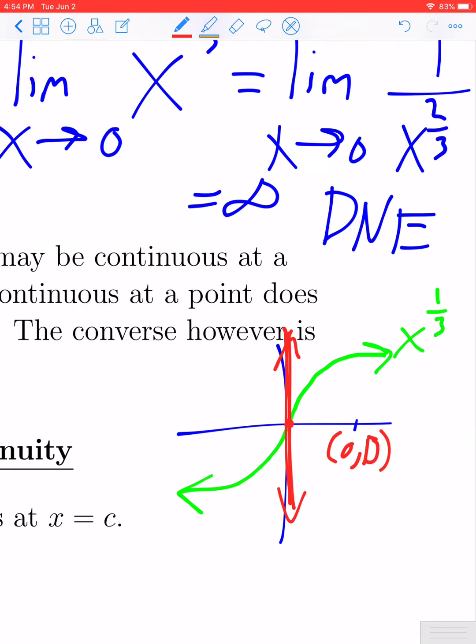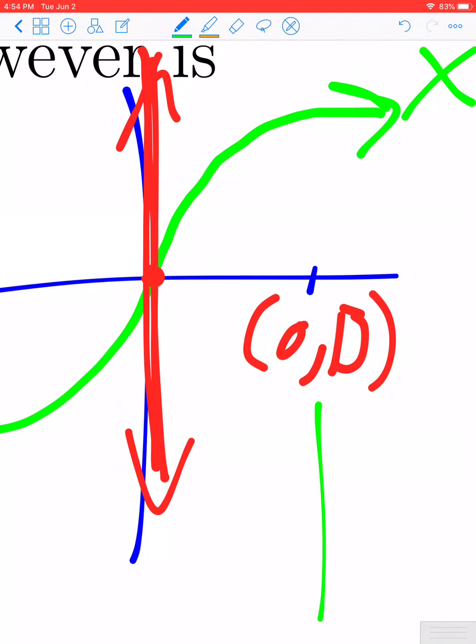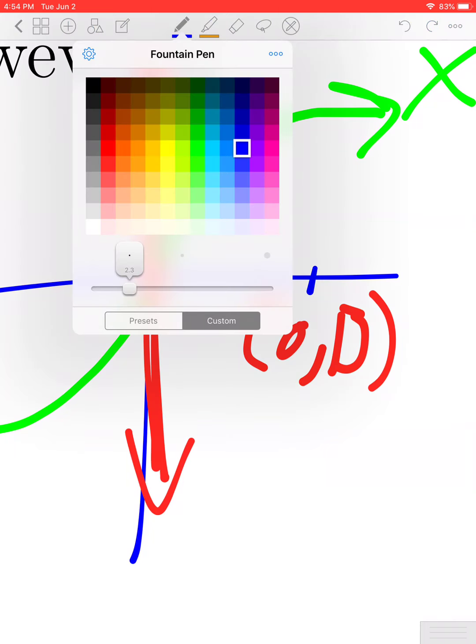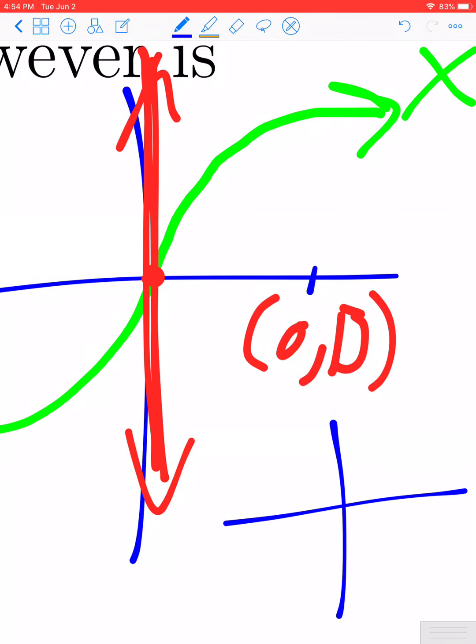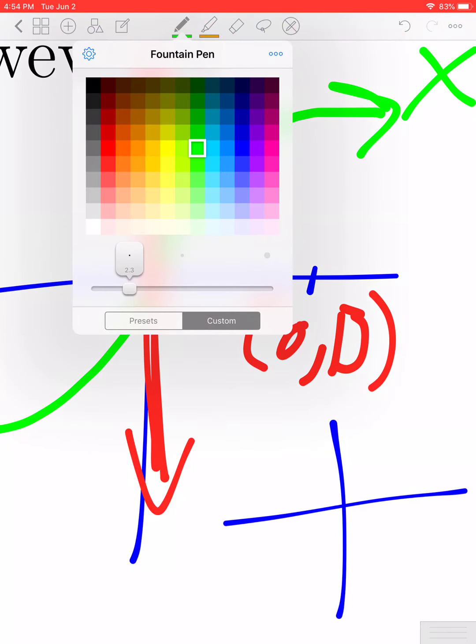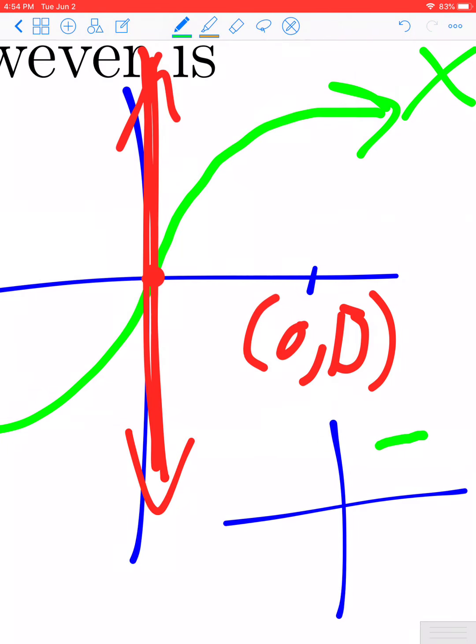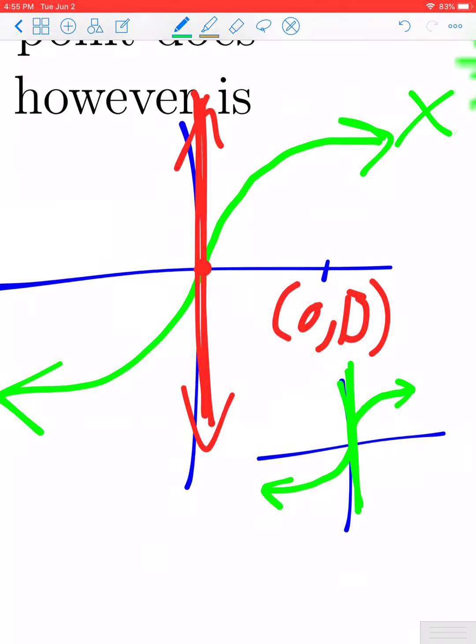I might not have done the best job drawing it. If you zoom in really closely around 0, it should look a little more vertical-ish. As it comes in, it very nearly goes vertical for a moment at x equals 0. And that's what gives us that vertical tangent line.